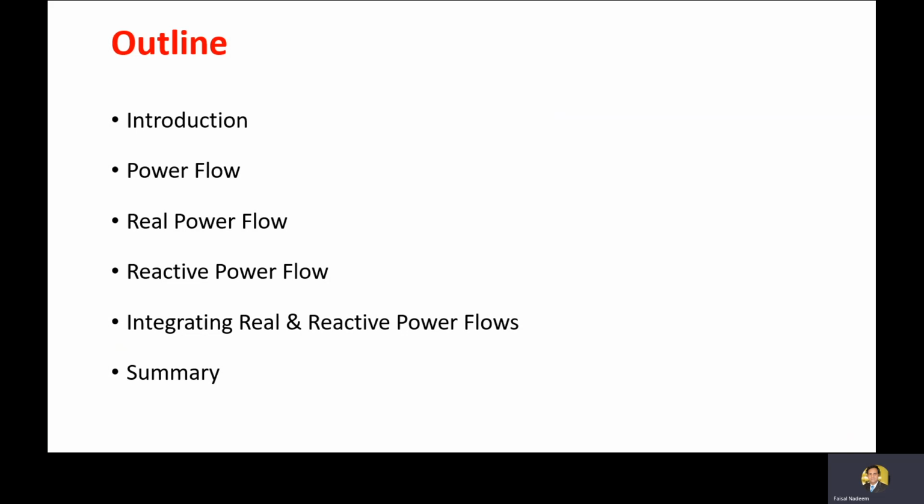Then I will present a detailed discussion on the two types of power flow, which are real and reactive. After that, an in-depth explanation on simultaneous flow of active and reactive powers in transmission lines will be presented. And lastly, a brief summary of the topic will be discussed.